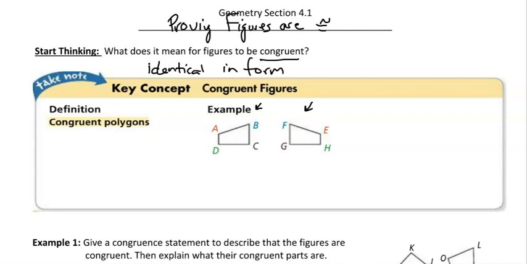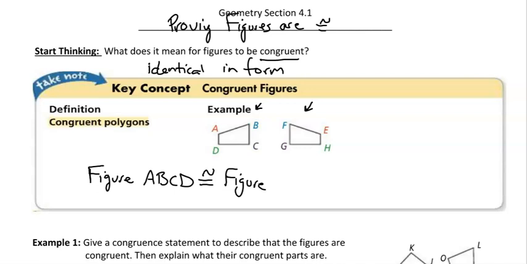So here, if we wanted to write a congruent statement, what a congruent statement is talking about is how two figures are congruent. Order matters when you're listing your points. So let's say we had this figure, I'm going to start with A and then go A, B, C, D is congruent to figure.